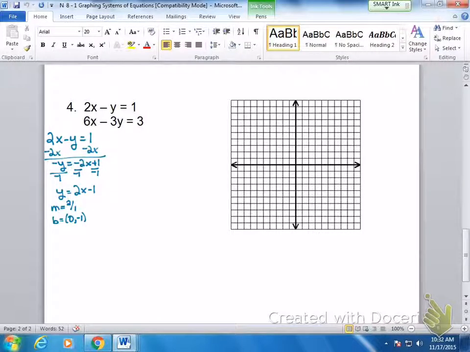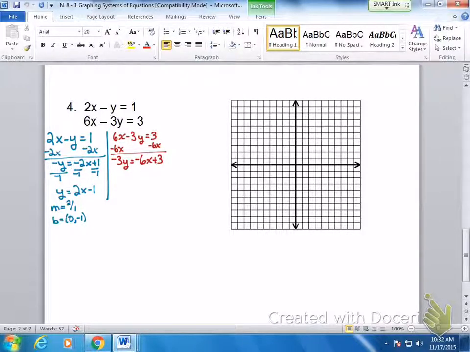All right. Let's look at the other one. I'm going to change colors real quick. I've got 6x minus 3y equals 3. Same thing as we've done every time. Subtract your x's from both sides. So now I have negative 3y equals negative 6x plus 3.